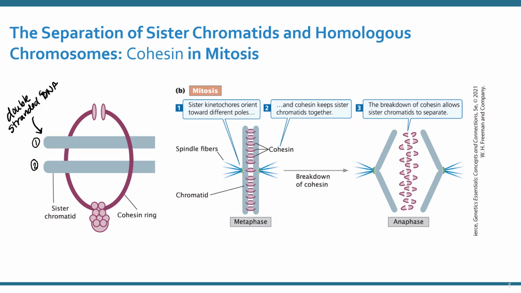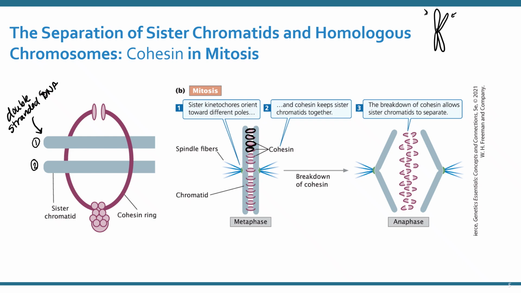So this image here is this guy. Each one of these gray bars is one of our chromatids. Here we've got the cohesin ring, basically holding the chromosomes together. So we see two different depictions here. You've got this ring holding your sister chromatids together in the center.